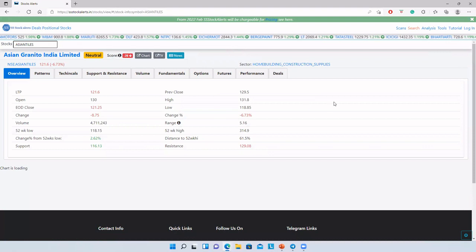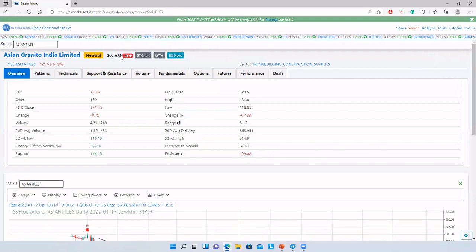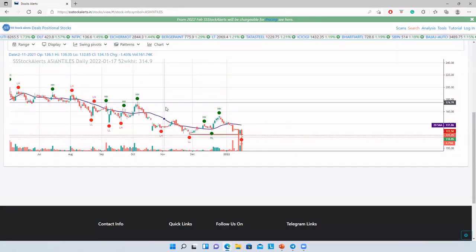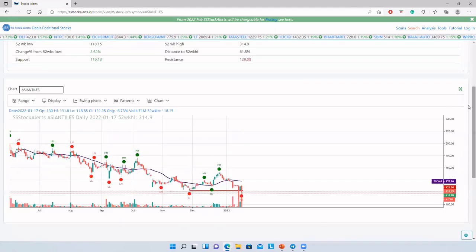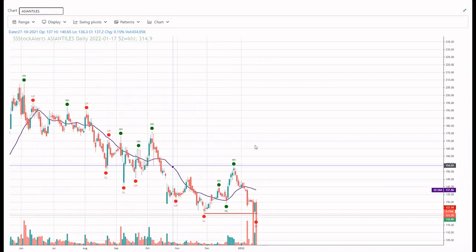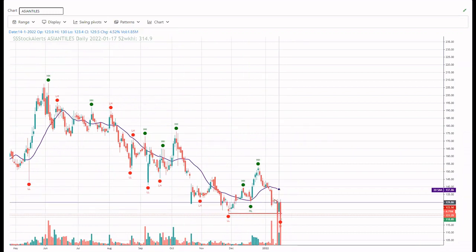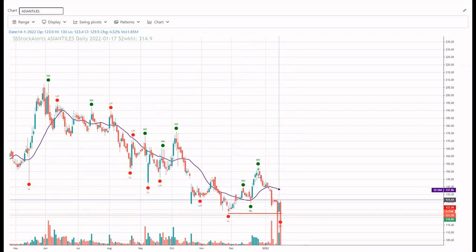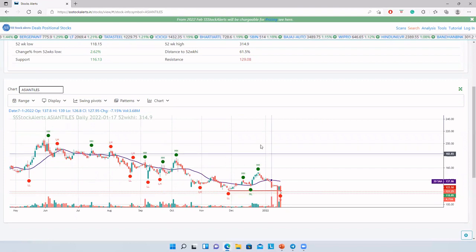You can also check in the charts. When you hover here, you can see the previous score. It went from -9 to something else. You can see what is happening. Even without opening the chart, it is almost trading near its last support. That's how we can see the momentum.